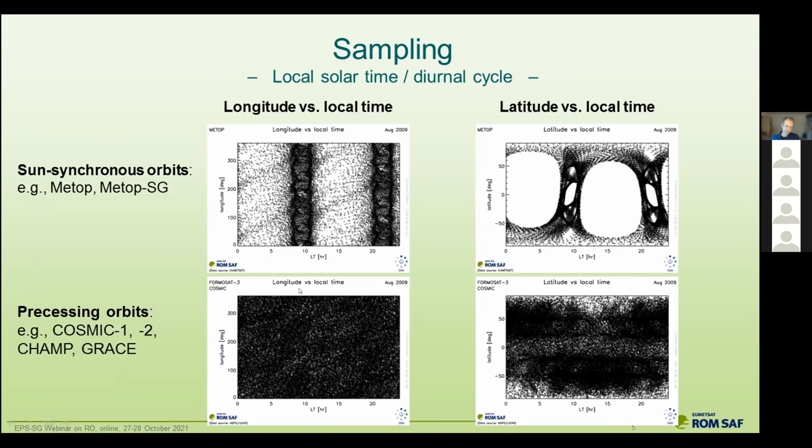But we have our instruments on board other systems like Cosmic 2, CHAMP, GRACE, other satellite RO missions, which are very important to fill out the gaps in local time.